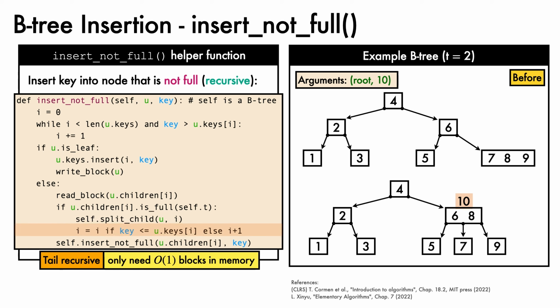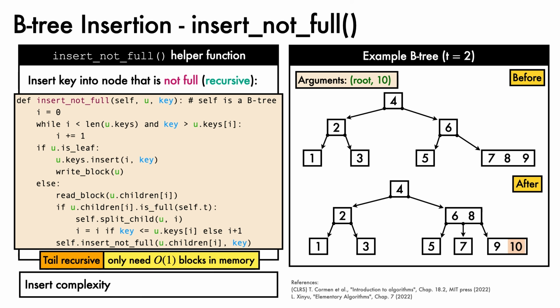Next, since 10 is larger than 8, we increment i by 1, and can now safely call insert_not_full again. We do another pass through our linear scan, incrementing i to 1, since 10 is bigger than 9. Then we perform our leaf check, which this time evaluates to true, and simply insert 10 at the ith slot as required. Finally, we write the block containing u to disk, and we are done.